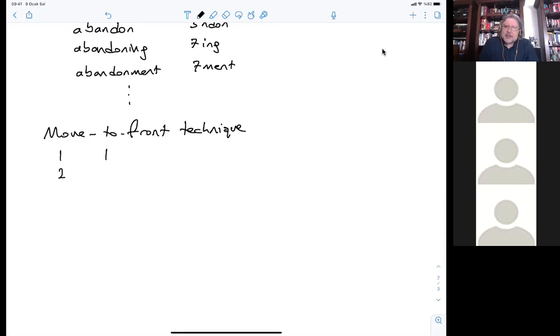I will generate 2 code words which are starting with a 0. So 2 and 3 will start with a 0, and I will construct 2 code words. In order to distinguish between 2 code words, sorry, I will start with not 0, but I will start with 0, 1, because only then I will be able to start other codes with not a 0, 1, but a 0, 0, 1, for example.